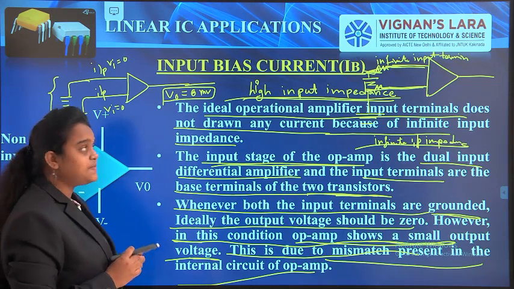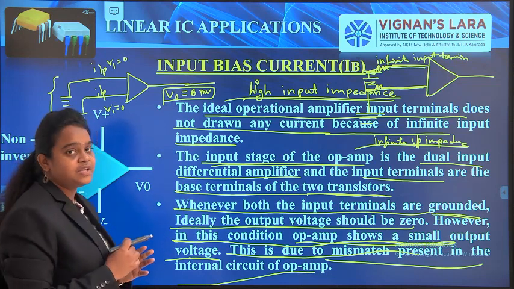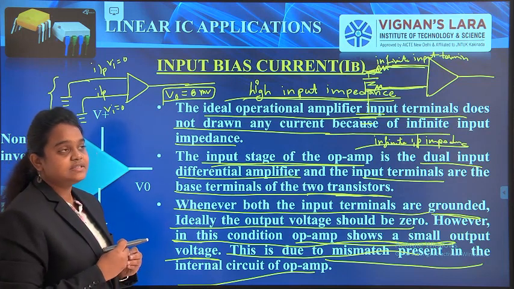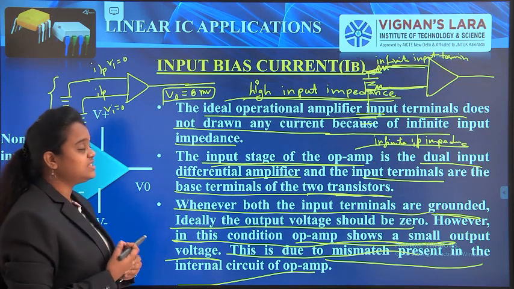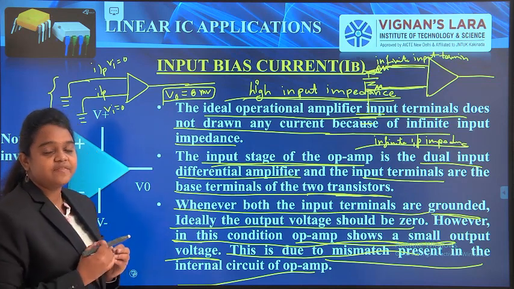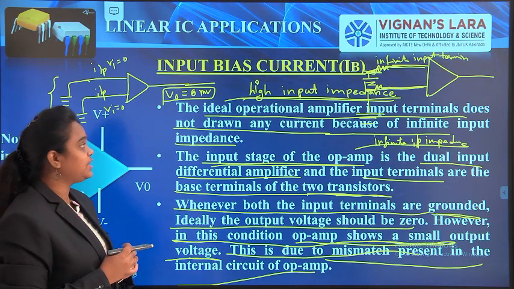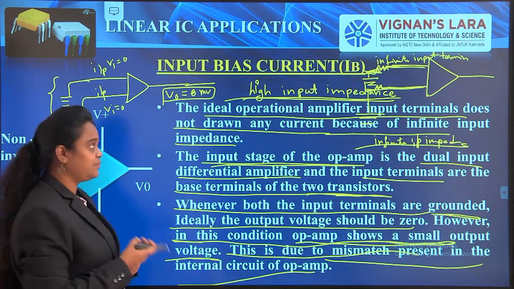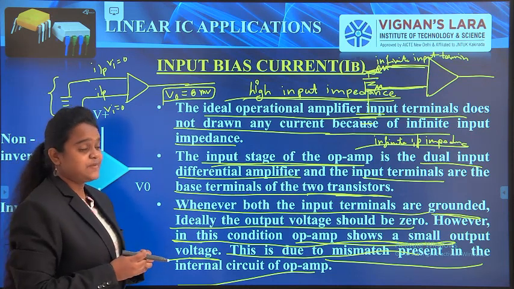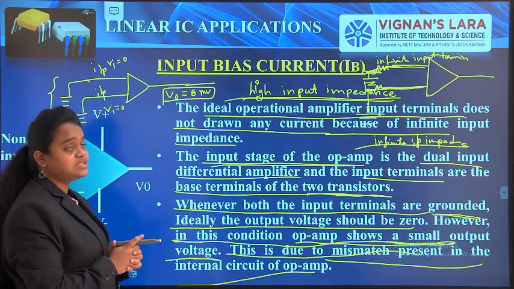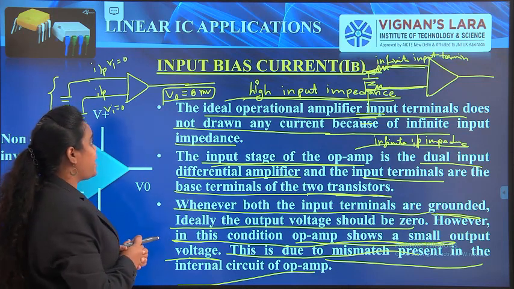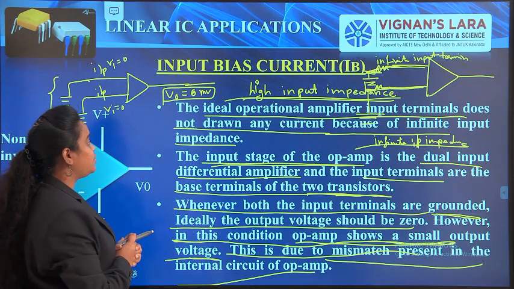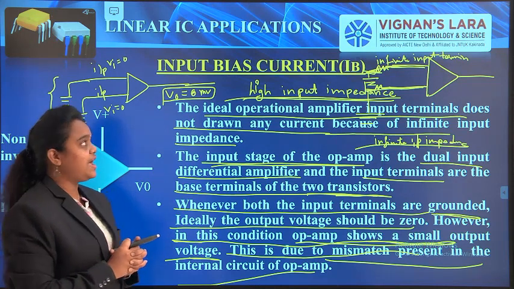Because there is a mismatch present in the internal circuit of the op-amp, and there may be some noise added to the input terminals. So the output has a small amount of voltage, V naught equal to millivolts, present in the output of the op-amp.